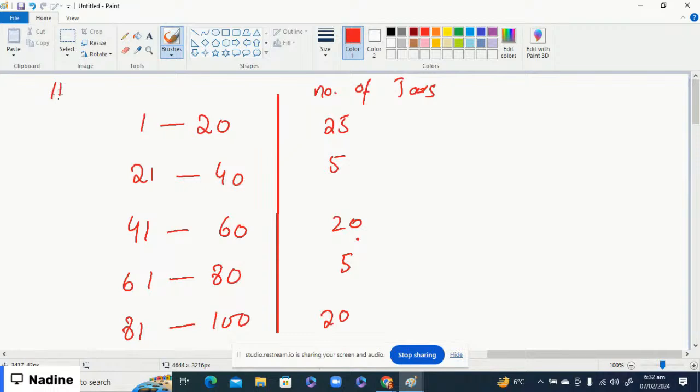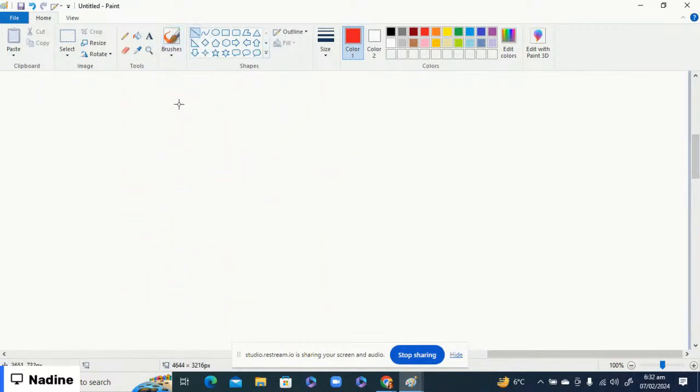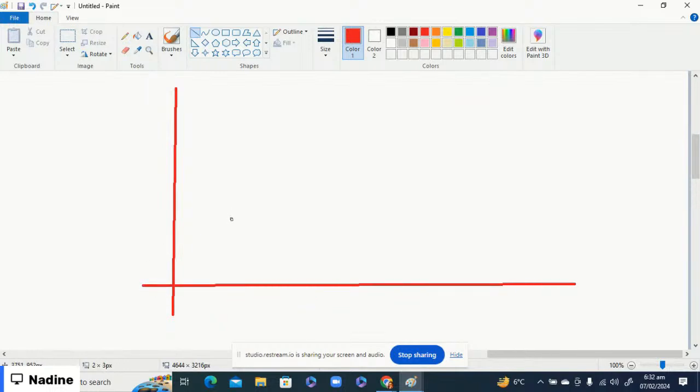Number of jars are given, and this is the number of peppermint candies. Now we draw the number of jars on the y-axis and the number of peppermint candies on the x-axis.